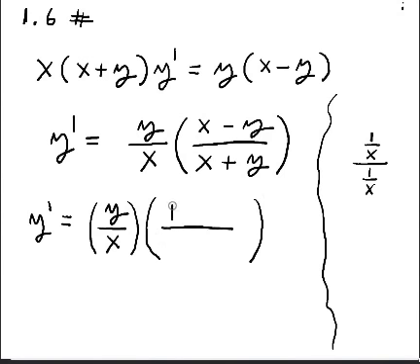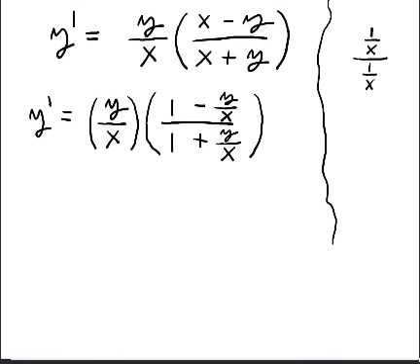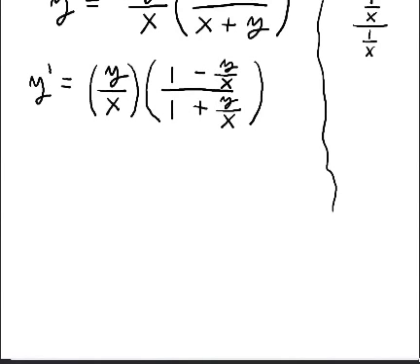So this becomes (1 minus y over x) over (1 plus y over x). And now what you see is you're looking at a homogeneous differential equation, so we can make a substitution and go from there.